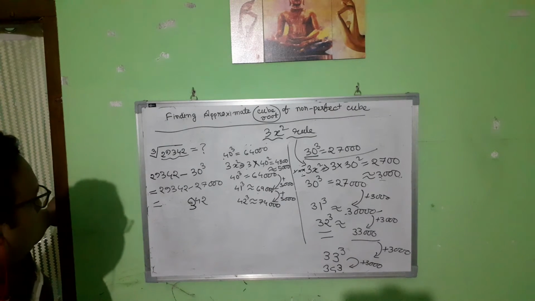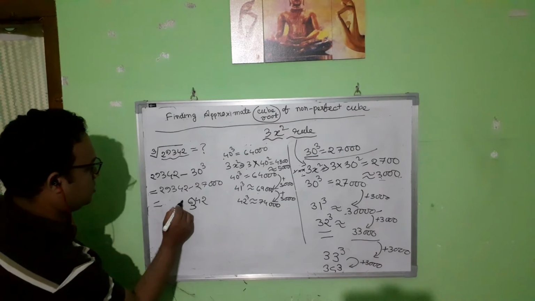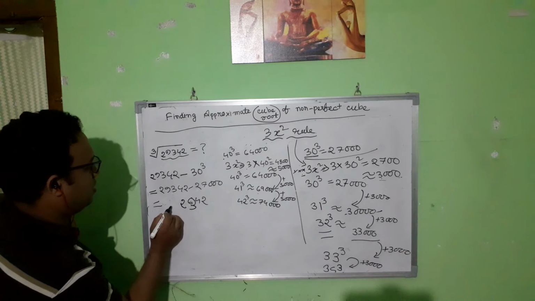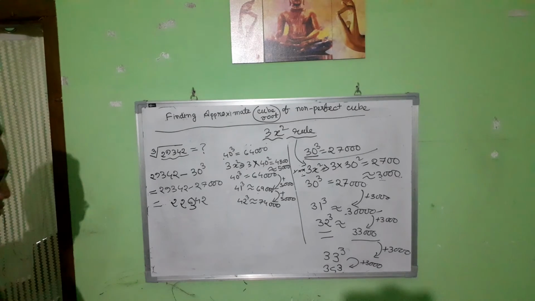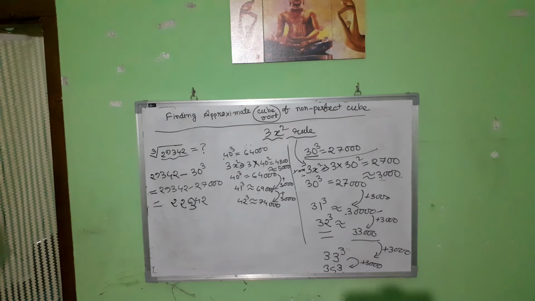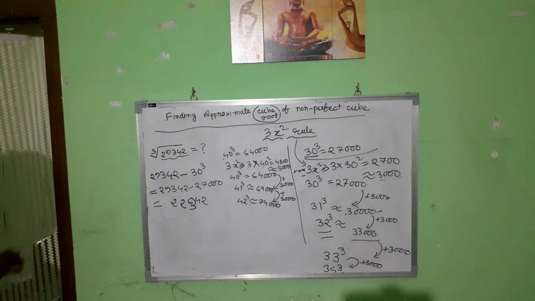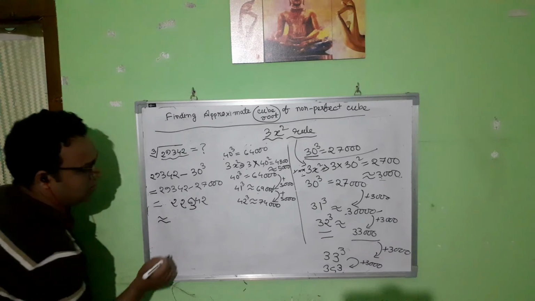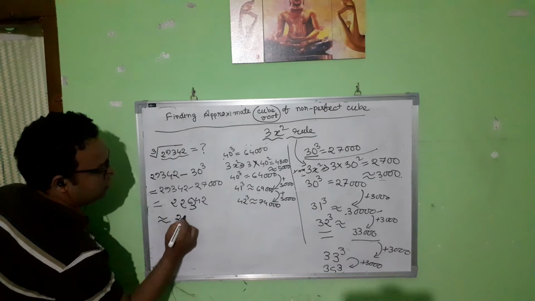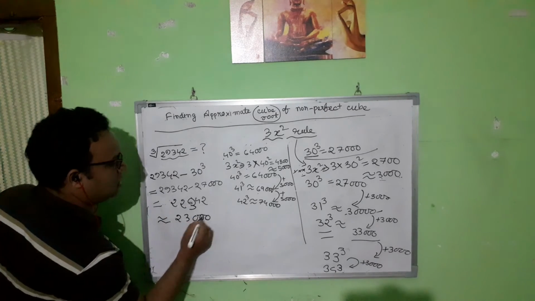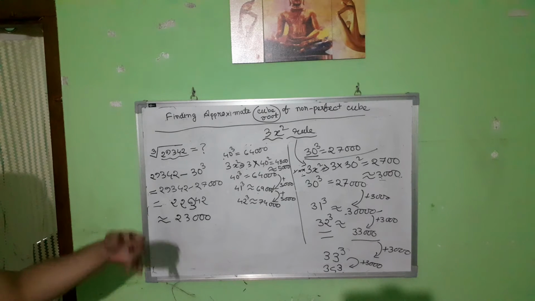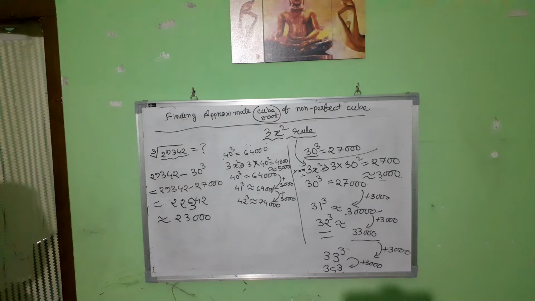And this is 22,342. Alright, 22,342. And if I take an approximate value, it is almost equal to 23,000.